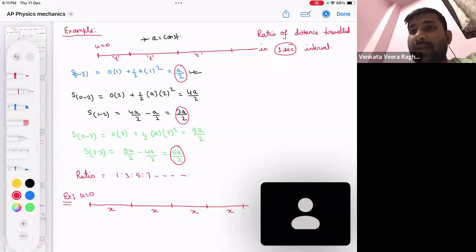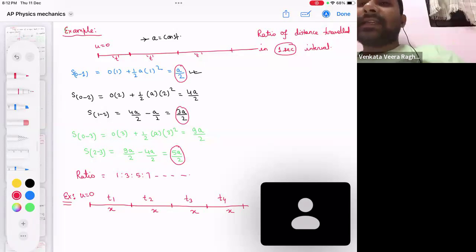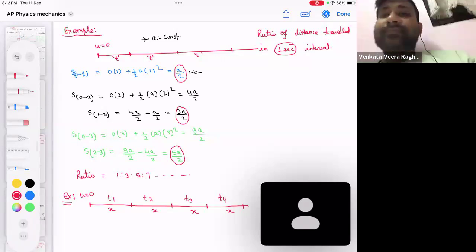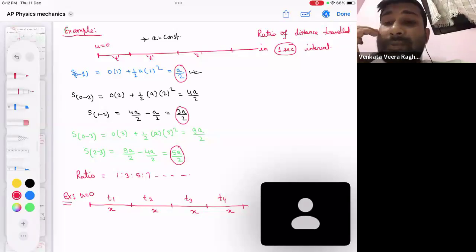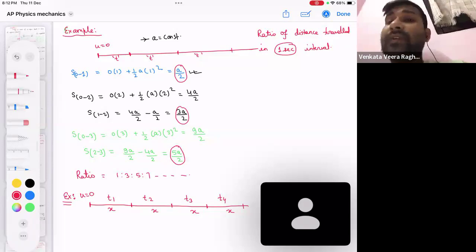Now my question will be, what is the ratio of time? First question, I kept the total journey in equal time intervals and got the ratio of displacement. Second time, equal distance, and now I'm asking for the ratio of time intervals.